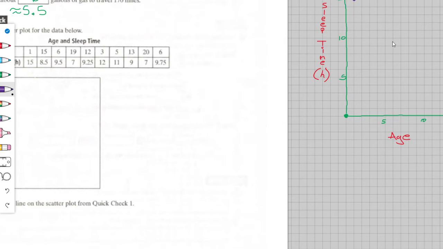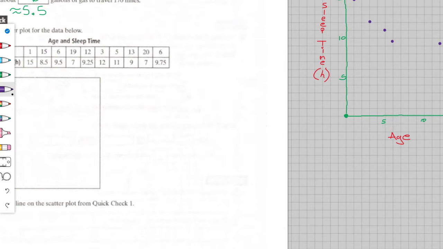Here's 10, go down half. 19 and 7. 12 and 9.25, so 12, 9.25 is about there. 3 and 12. 5 and 11. 13.9. 20 and 7.